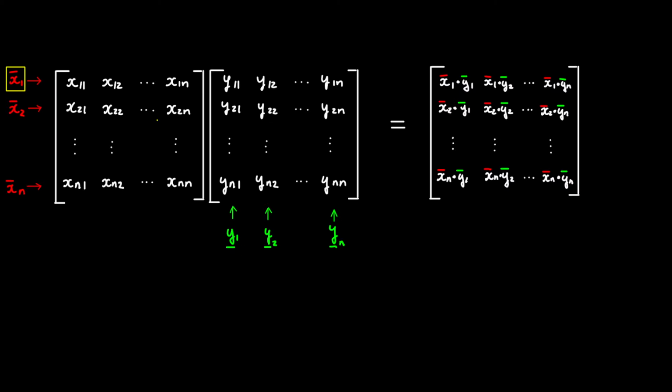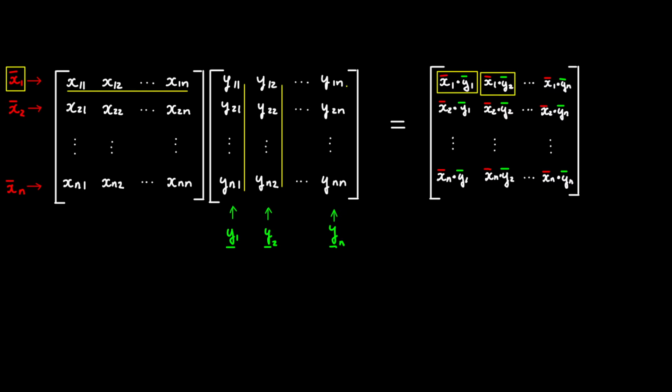If we multiply these two matrices, I take this row and I multiply it with this column in that way. Well, then what will I get? Well, in the first component, I get exactly this dot product here. Now, I could have done that to the second column, and I would have gotten this dot product.